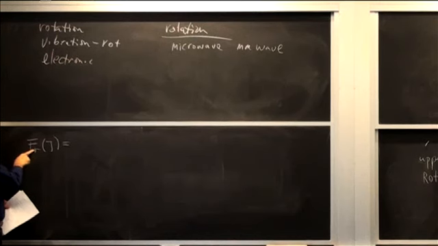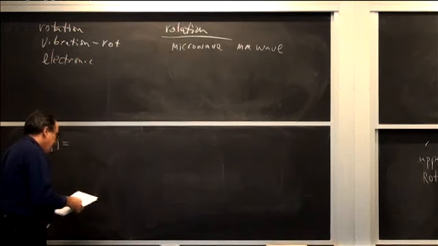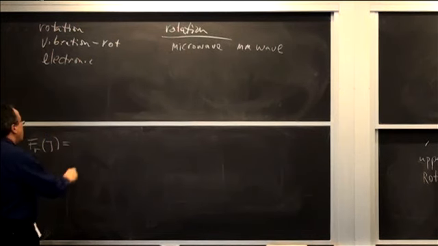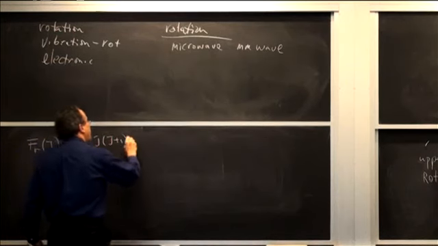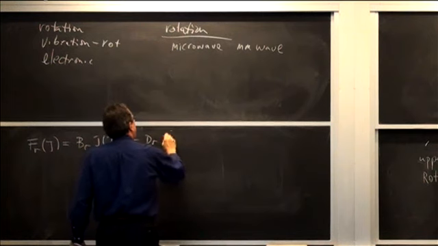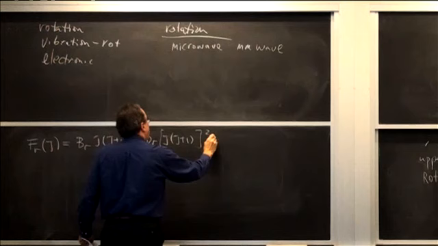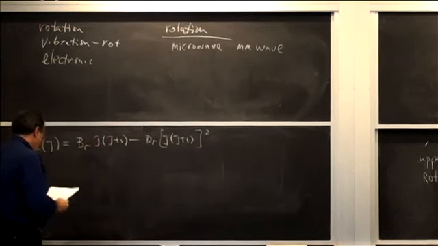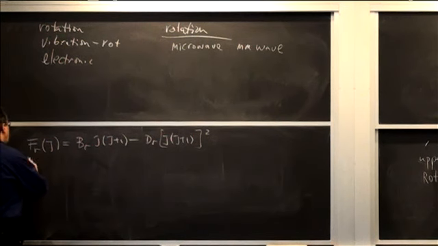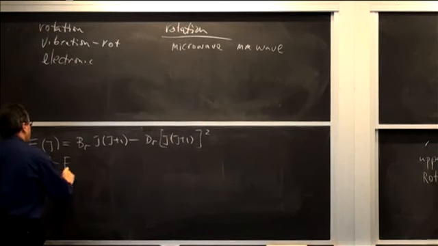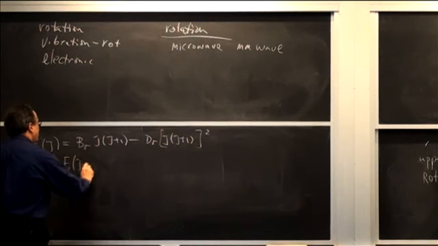You might put another index to say what electronic state it is. So the rotational energy levels generally go like that. And so if we're going to be observing a rotational transition, we're going to be looking at F_v of J minus F_v of J minus 1.